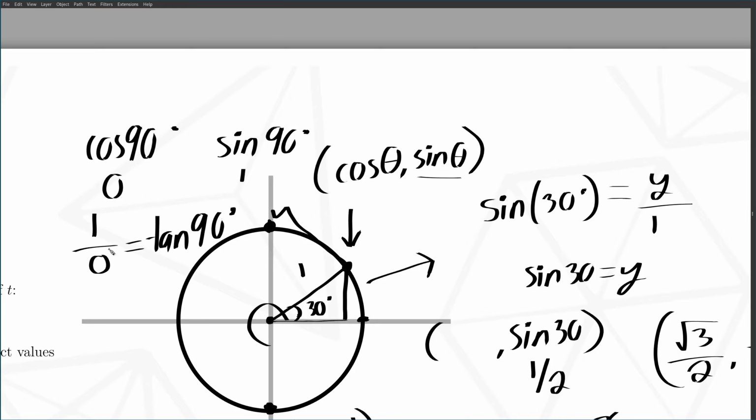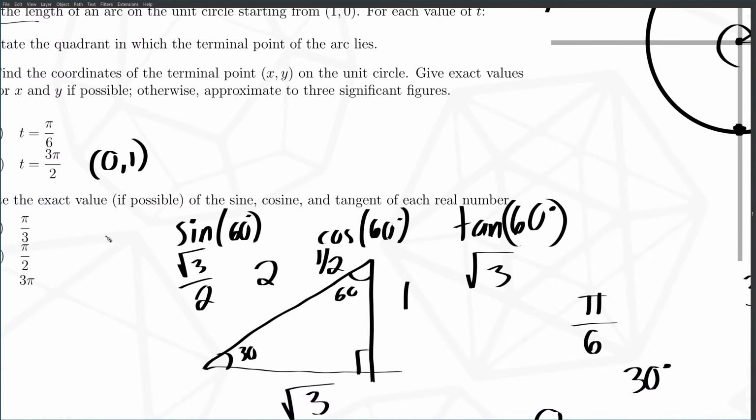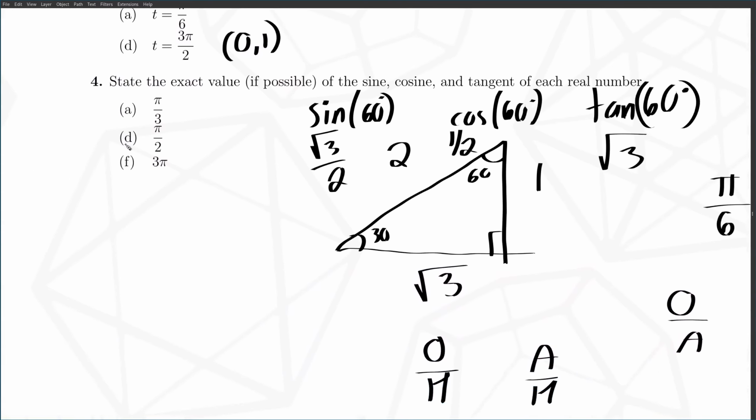No, remember, this is division by 0. We can't do this. So really, tangent of 90 degrees is undefined. Okay, so for this one, we can write sine, cosine, tangent. Sine we found to be 1. Cosine we found to be 0. And tangent finally, that was undefined.